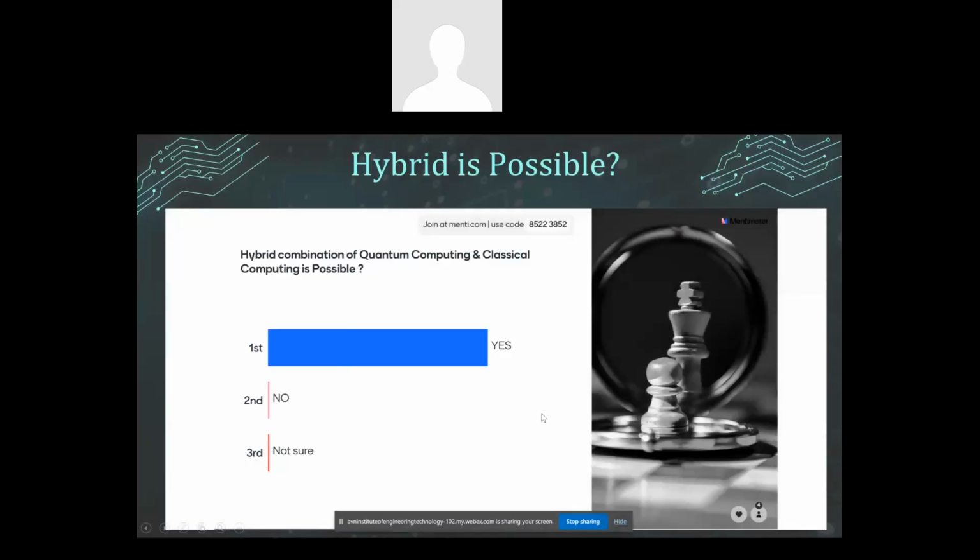We are not leaving classical computing, and we are utilizing the advantages of quantum computing. Integrating both will give much more benefit. Some advantages we take from quantum computing, some from classical computing, and much more from quantum computing.